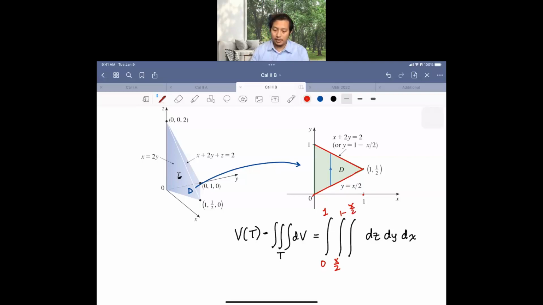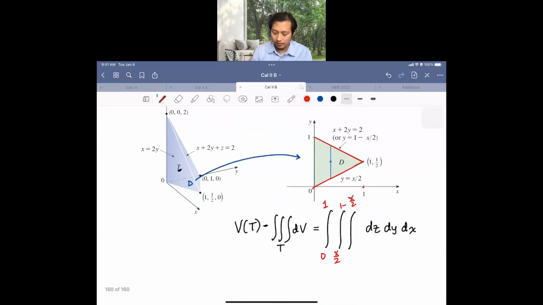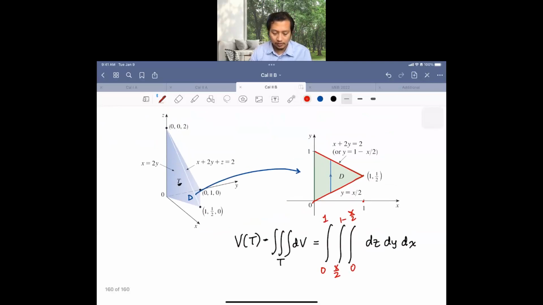Okay. Now z, we could start z from 0, from the very bottom, as a function of two variables. So z starts from z equals 0, up until here, right?